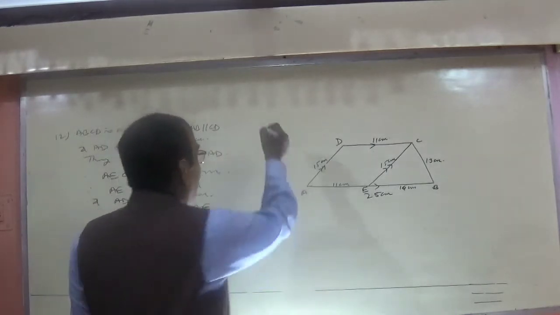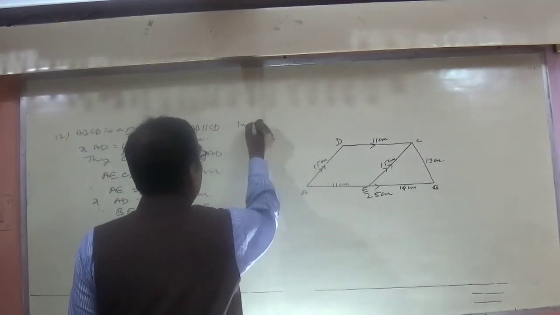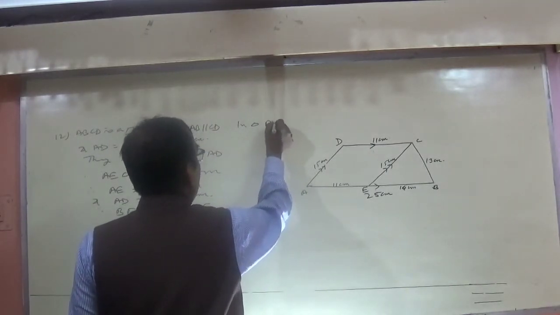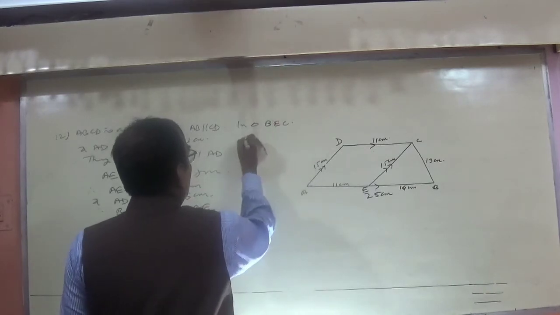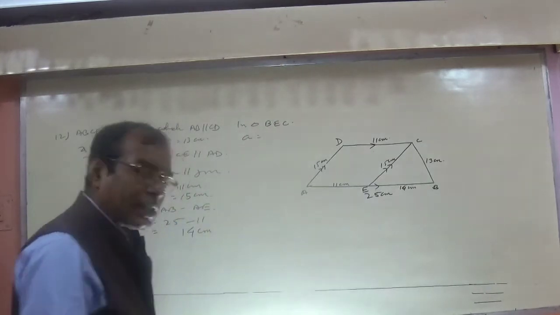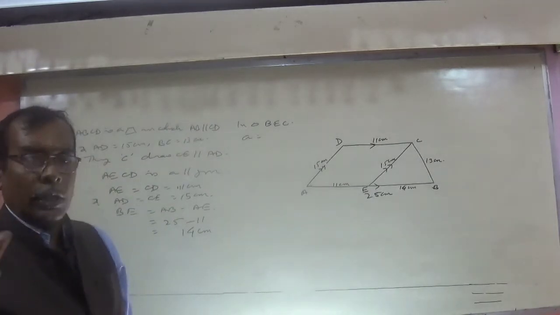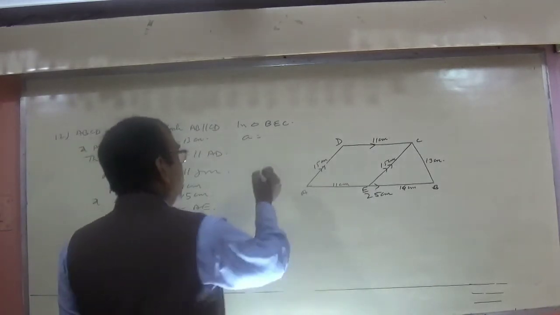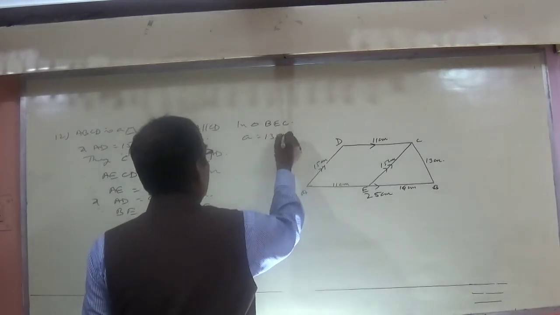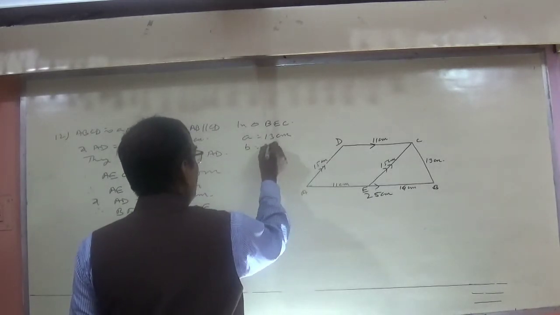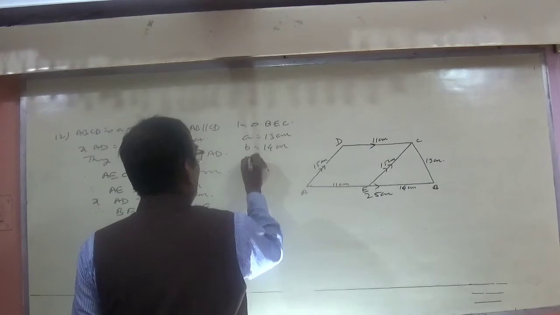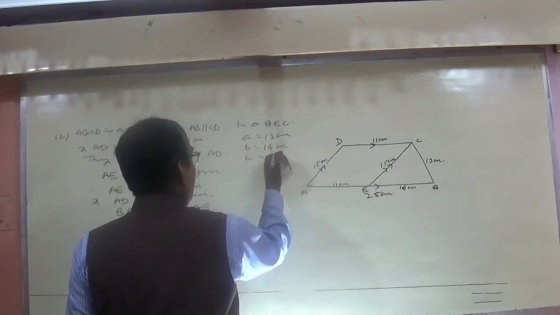In triangle BEC, all the three sides in a triangle we are generally denoting by small letters a, b, c. So a is equal to 13 centimeter, the shortest one. b is equal to 14 centimeter, and the longer one is c, which is equal to 15 centimeter.